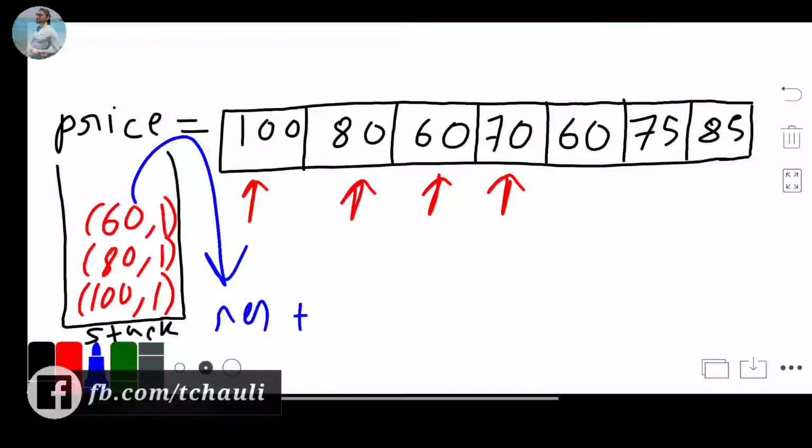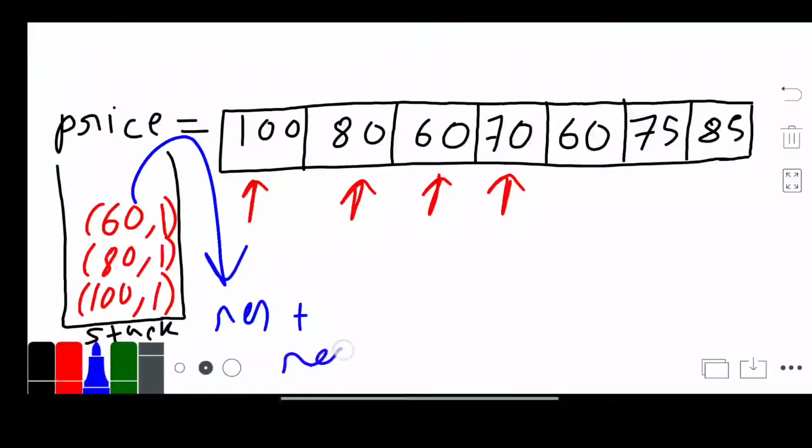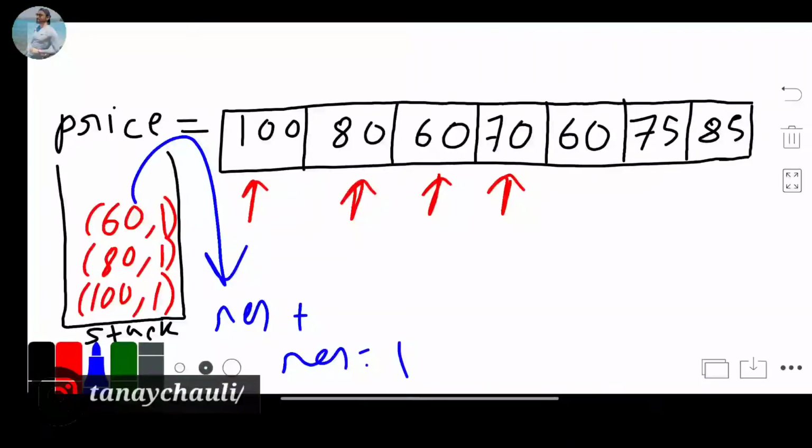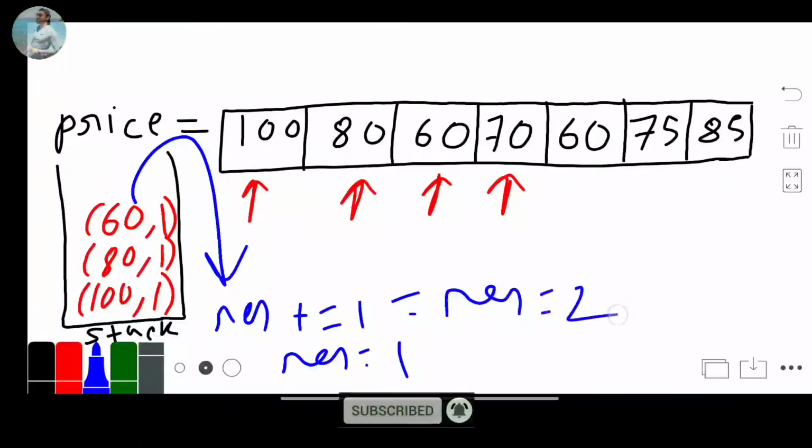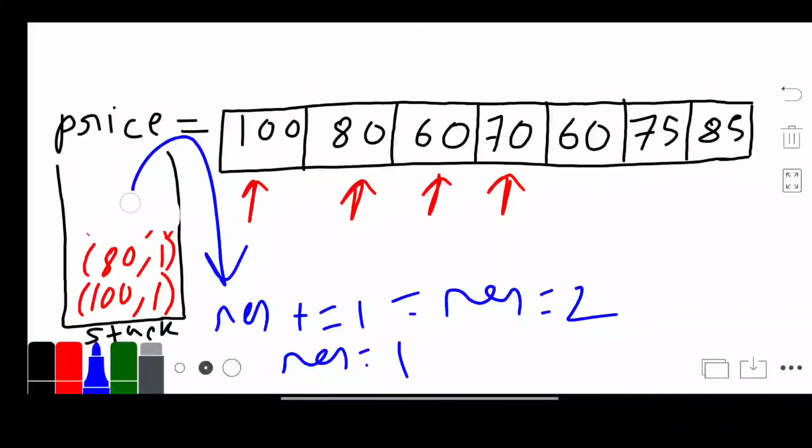We pop 60 and add its count to the result. Initially res is 1, so res plus the popped count, which is 1, gives 2. Then we check for another lesser value. There is none, so we add 70 with count 2.